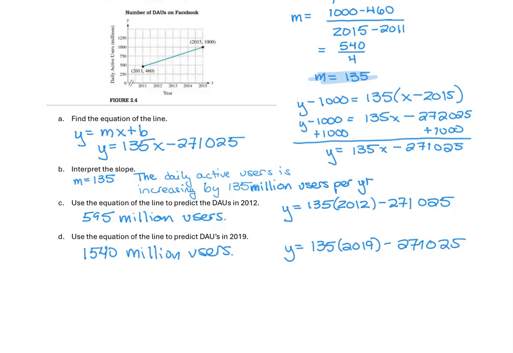It's outside our range of values of 2011 to 2015. So 2019 might still be accurate, but for instance, 0 is outside of our range of values. That would be another example of extrapolation. And that one definitely doesn't make sense because in the year 0, there was no Facebook. And so it's not going to be accurate.